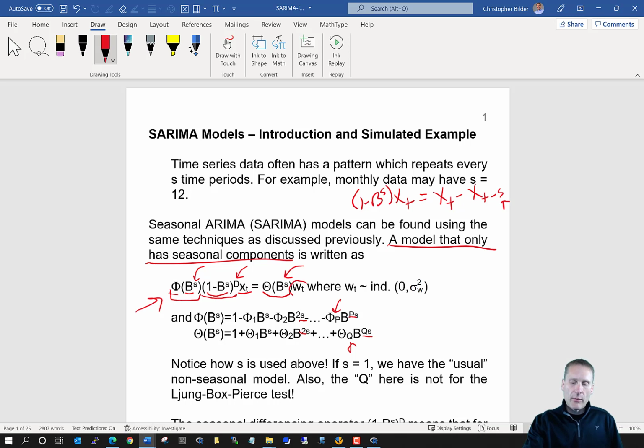And then last we take this moving average operator times w_t, where w_t is independent, mean 0, and sigma squared w is the variance, so white noise again. Now, if S was equal to 1, of course, then this would mean that we go back to the kind of model that we've been talking about before, this non-seasonal ARIMA model.